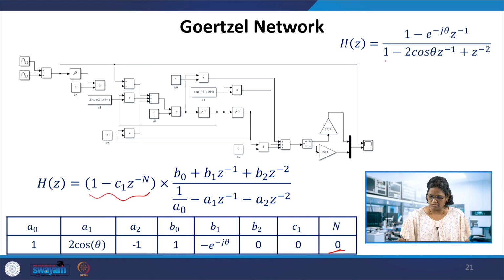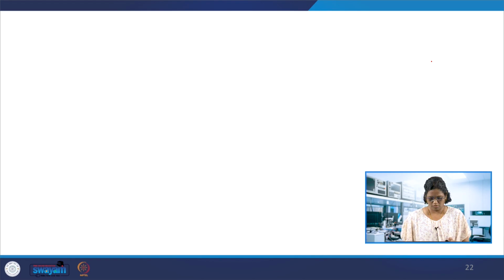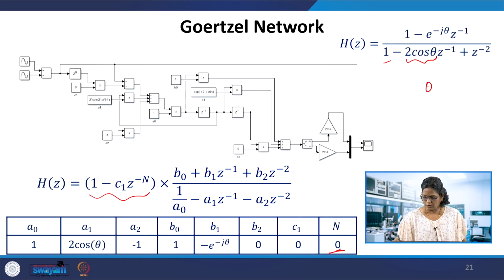A0 is 1, and minus A1 is 2 cos theta. Theta is going to be 2 pi k by N. The k is the bin index, which can be fixed to the fundamental, or whatever k is chosen, and this is the theta as well. Here we have the B1 coefficient as e power minus j theta.